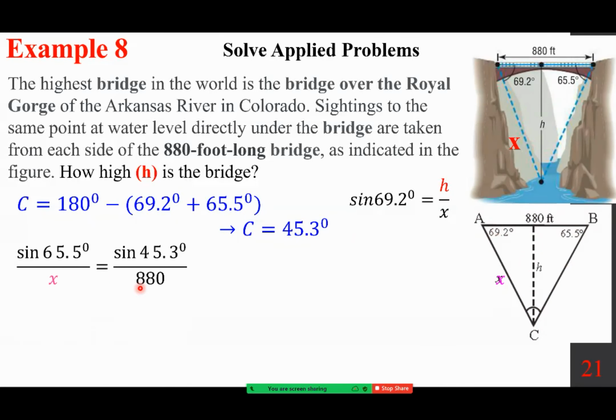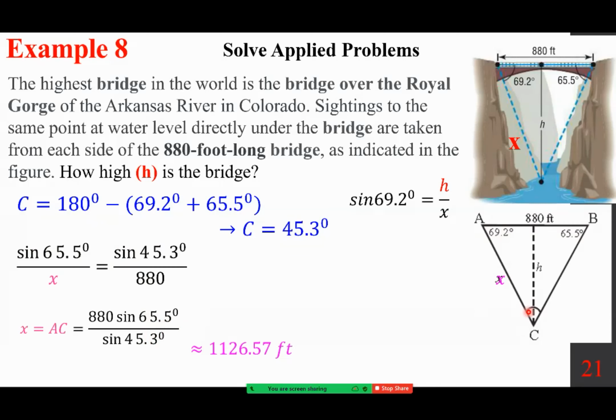And X is the product of these two divided by this one. So 880 sine of 65.5 over sine of 45.3, and that's X or AC.